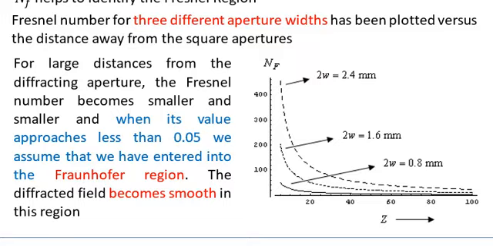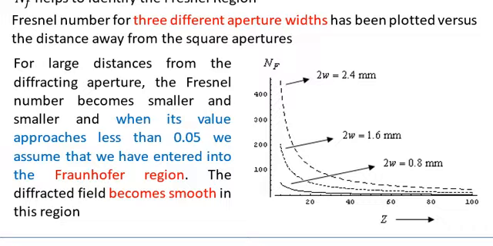The diffracted field becomes smooth in this region, when our Fresnel number is less than 0.05.